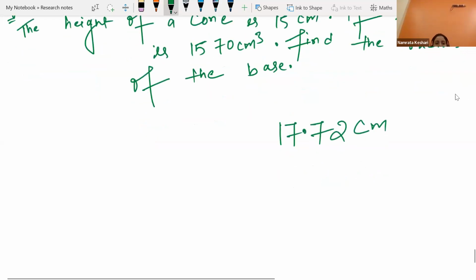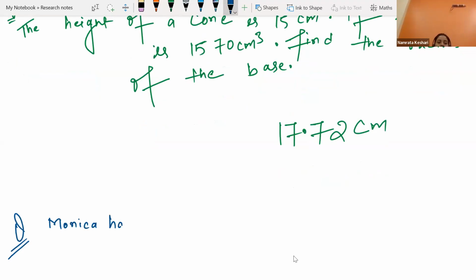Let's do this one. Yes, rest of the students, please confirm what you are getting. What is the value after root 314? Root 314. It looks like it is not a perfect square. Okay, let's find it.